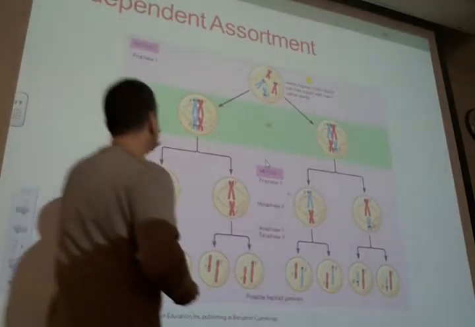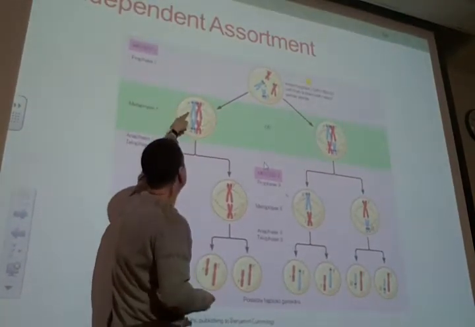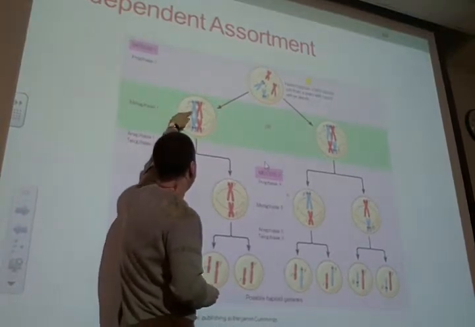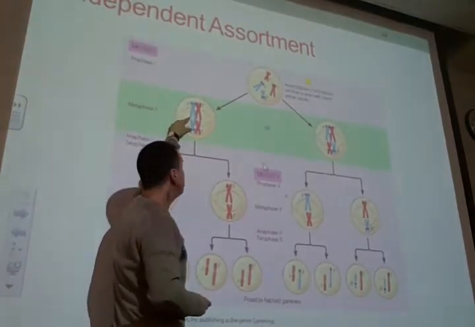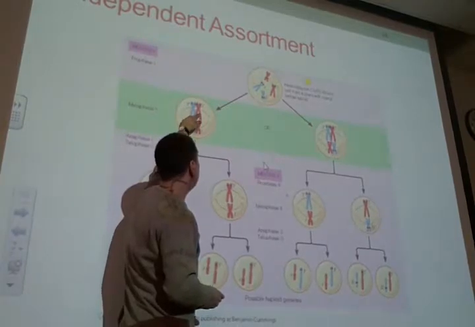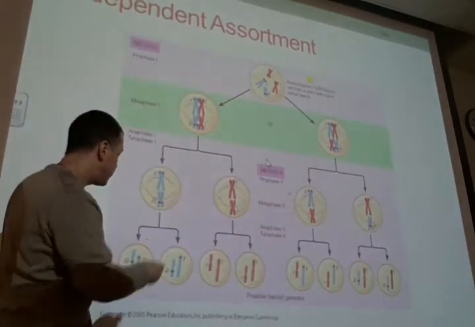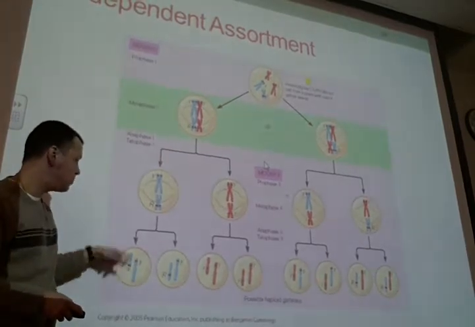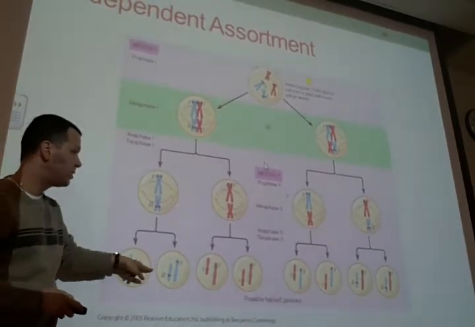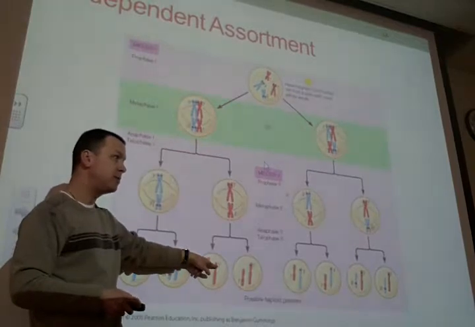So in the left-hand version, the small y and the capital R chromosome are on the same side, and the capital Y and the small r chromosome are on the same side. So when we go through the rest of this, we're going to have capital R small y cells, or small r capital Y cells.